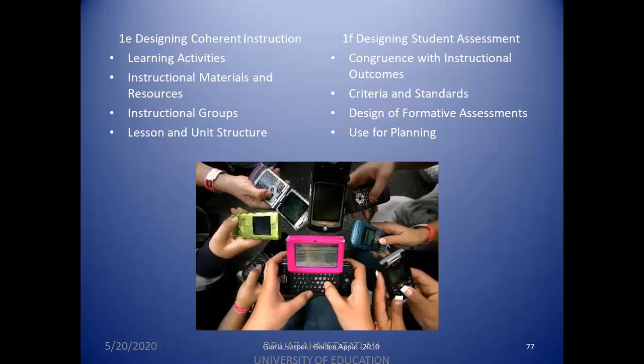1E, designing coherent instruction. In this diagram, you can see all of the gadgets of the students, so-called similar, and someone is working with one finger, some people are working with two fingers.